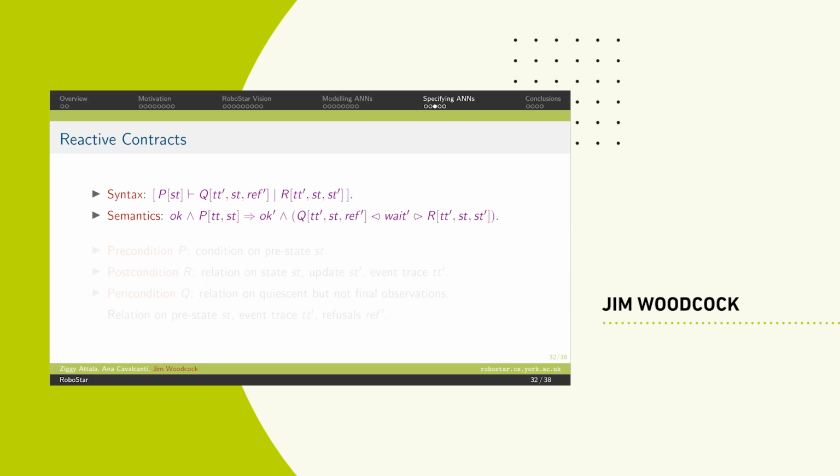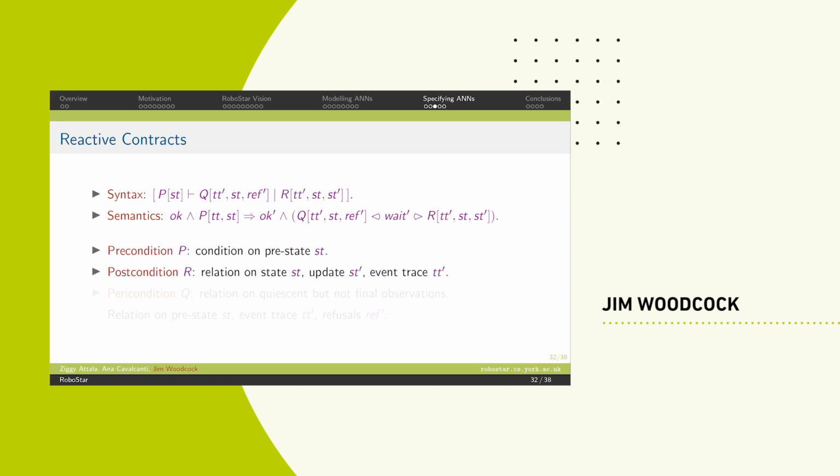And if we've terminated, the post-condition will be true. If we're waiting for interaction with the environment, the peri-condition will be true. So this is an assumption commitment contract for reactive processes. You can talk about those stable states during the execution process before it gets to the end.